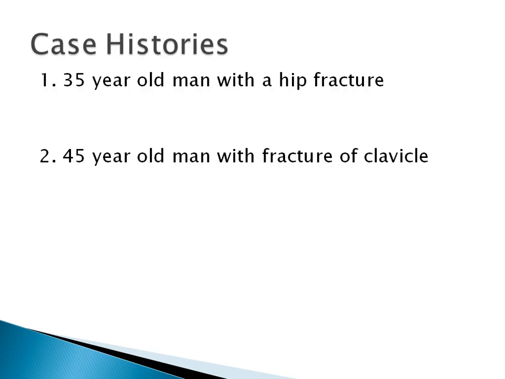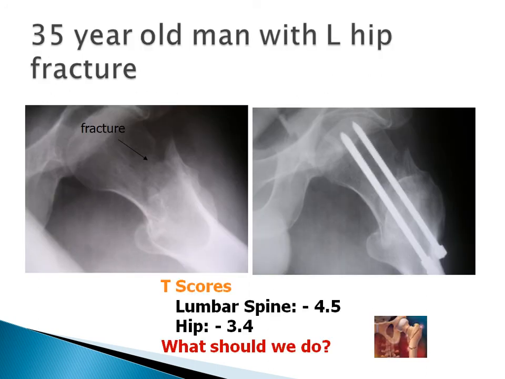Now, just briefly, a couple of case histories. These are both men. When you talk about osteoporosis, most people think of this as a woman's disease, but men can get it too. And the first one is a 35-year-old man with a history of a hip fracture. And as it turned out, he had severe osteoporosis.